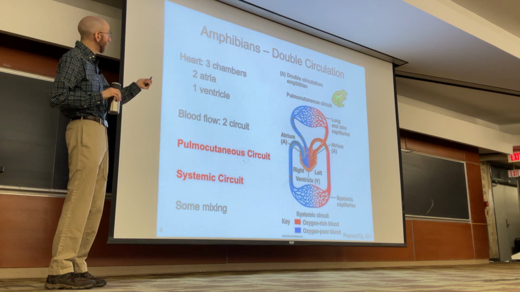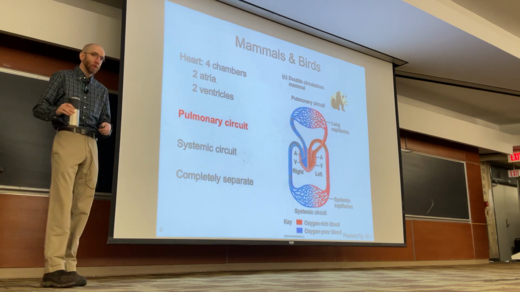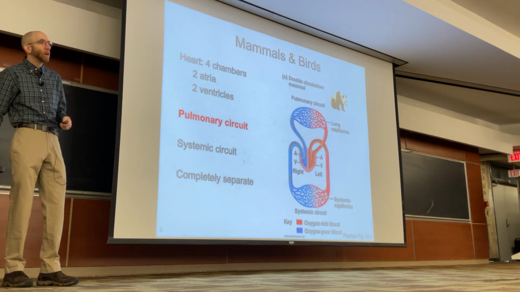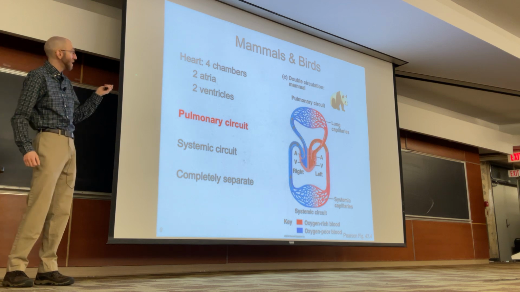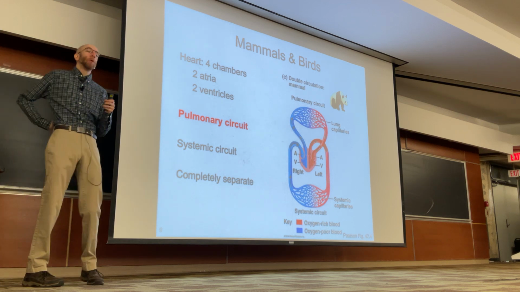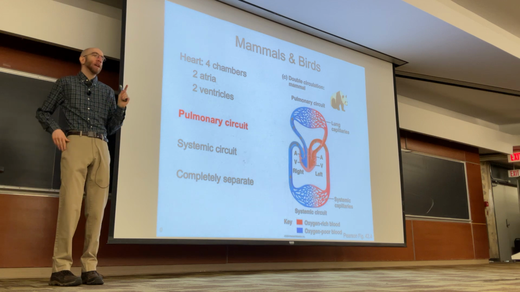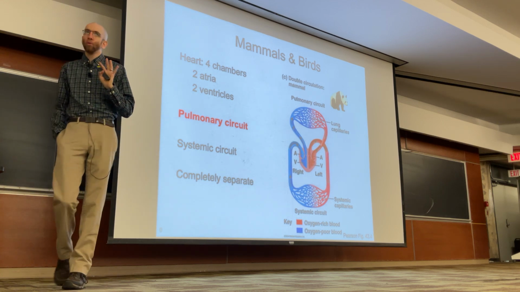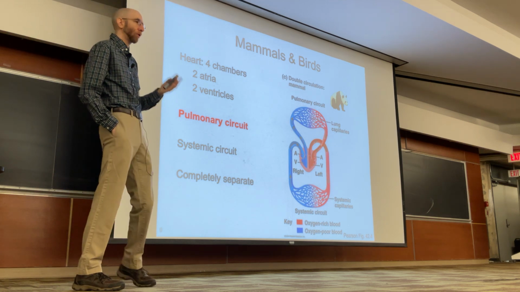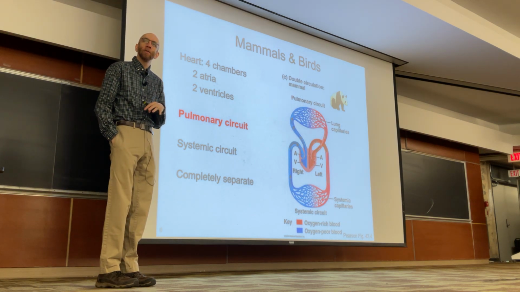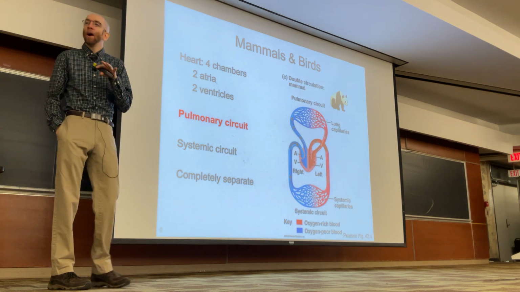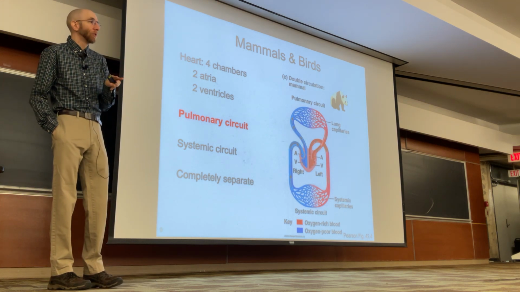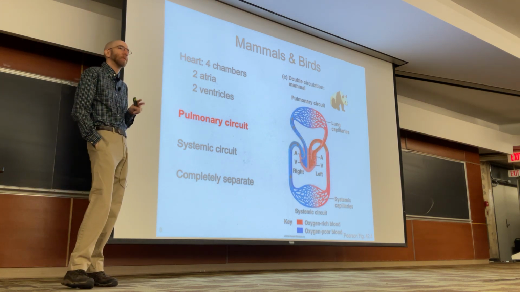So let's look one more at mammals and birds, because we have double circulation with a 4-chambered heart. And before we go any further, I want to point out that even though the way that mammals and birds do circulation is pretty much identical in terms of the structure of the heart and the two circuits that are involved, it actually evolved independently twice from a reptile ancestor.